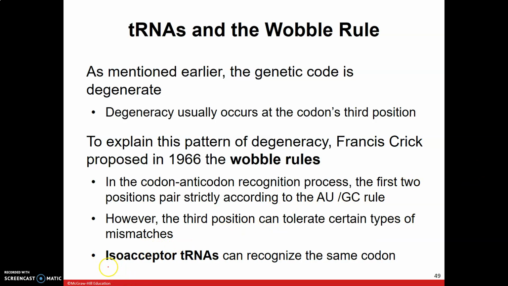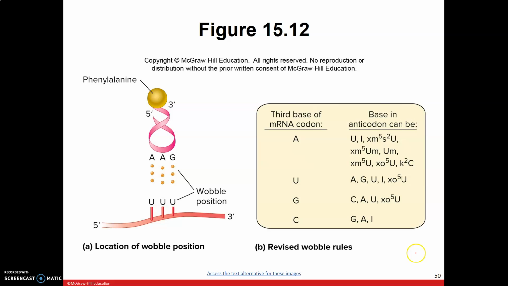And so we have what are called isoacceptor tRNAs. Basically what that means is that the same codon happens on the first two, but the last one can have wobble. So here is AU, but the third position can be out of the ordinary, and the ribosome will let that slip through. And so this gives you a calculation.